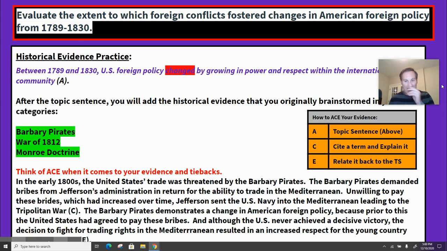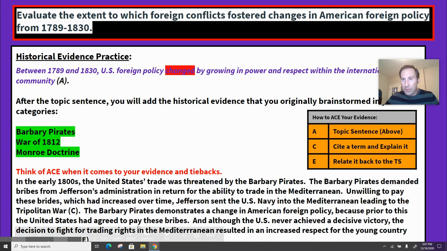And although the U.S. never achieved a decisive victory in the war, the decision to fight for trading rights in the Mediterranean resulted in increased respect for the young country. So I'm saying we're changing our policy. Before we just paid the bribe, and now we're deciding to defend ourselves. We're standing up for ourselves. And that's showing growing power. It's maybe going to give us more respect overseas. And so that's building that argument for growing power, growing respect.